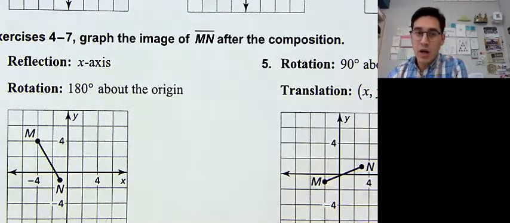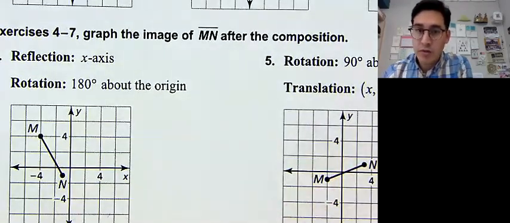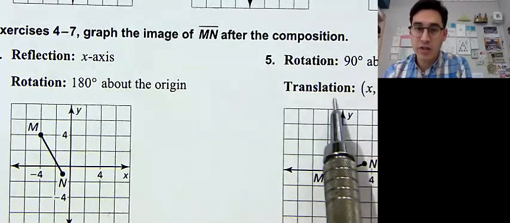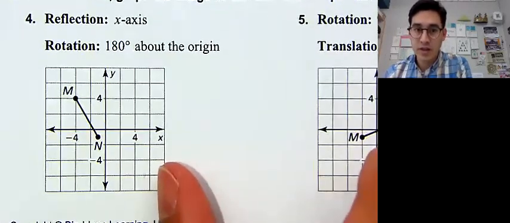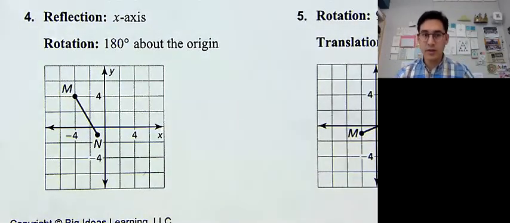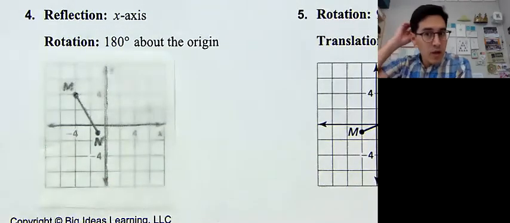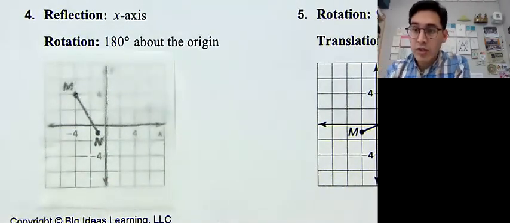We can mix and match rotations with other transformations such as reflections or translations in problem 5. Let's see how that would be done. When we're doing multiple transformations, it's important to do them in the order given.